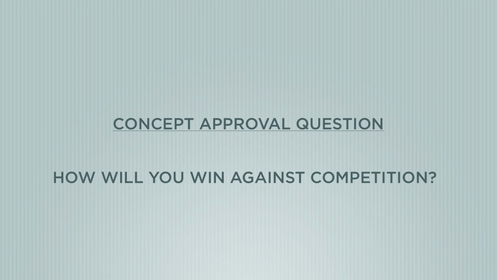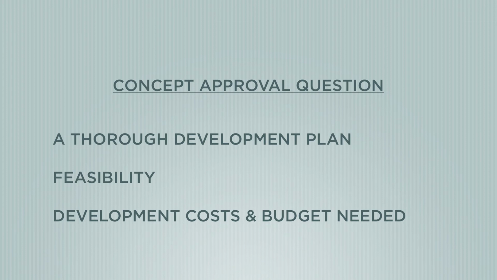And then here it's very important, you're going to talk about feasibility of the development. Meaning there's a development plan that you will need to develop ahead of this meeting with your engineering manager or a development manager.